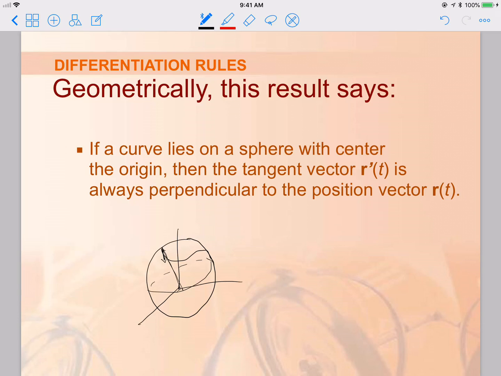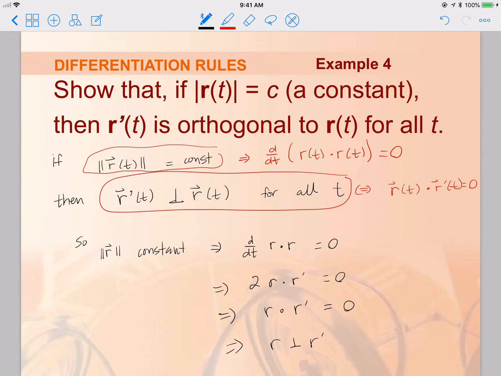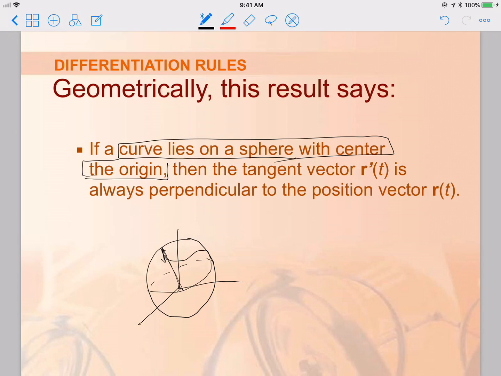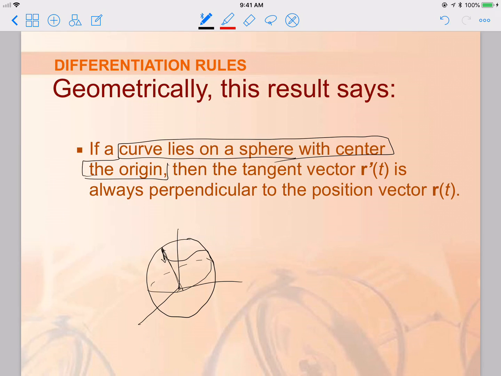Okay? Because what does it mean for the curve to lie on a sphere with center the origin? That means that the length is constant, right? Then the tangent vector is always perpendicular to the position vector. That's the second half here. r' is orthogonal to r. Okay.